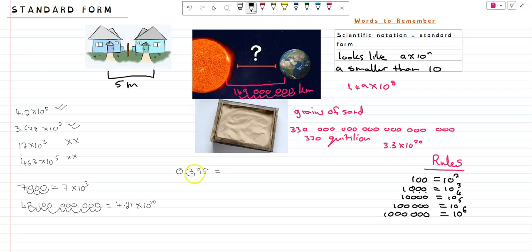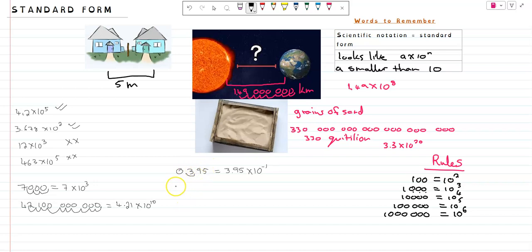We jumped one spot. Then we say 3.95 times 10 to the power of negative 1. Why negative? Because we jump to the right. Left, we go positive. Right, we go negative.